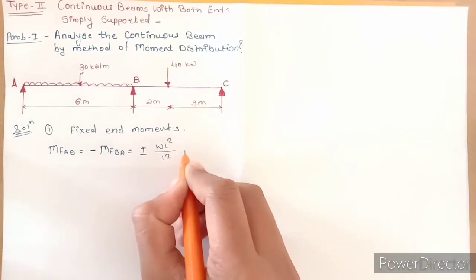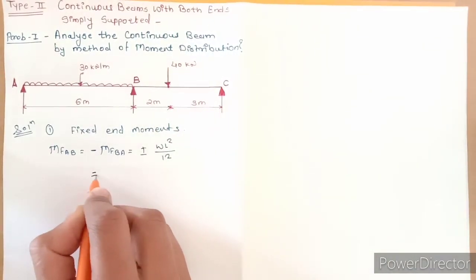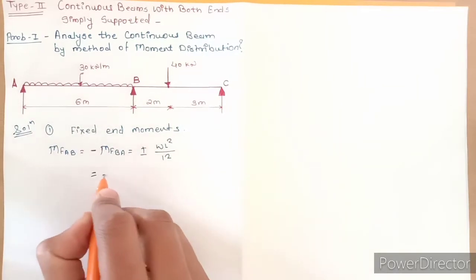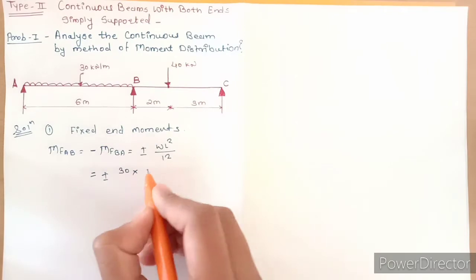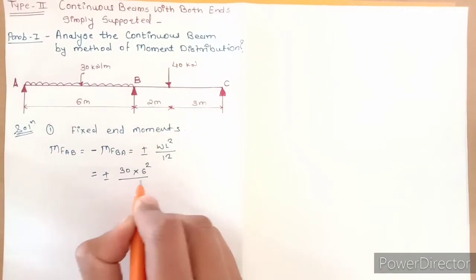Here W is 30, multiplied by the length 6 square, divided by 12.